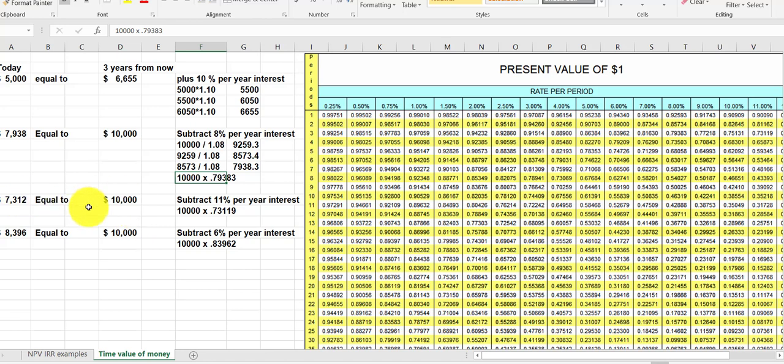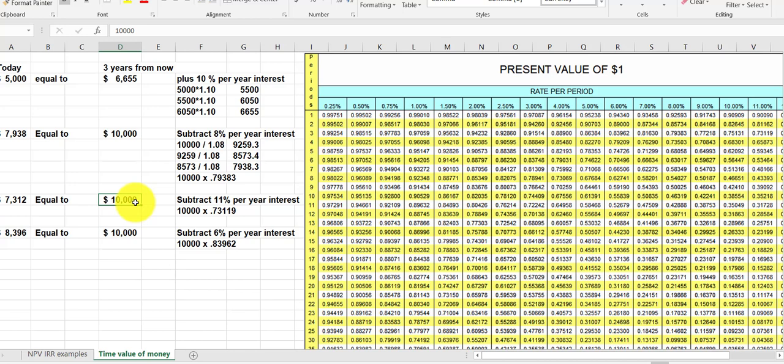And just a couple of other examples. 10,000, 3 years from now, this time with 11%. We go all the way over to 11%, and we get 0.73119 on the table. Multiply that by the 10,000, and we get 7312. So 7312 today is equal to 10,000 3 years from now.